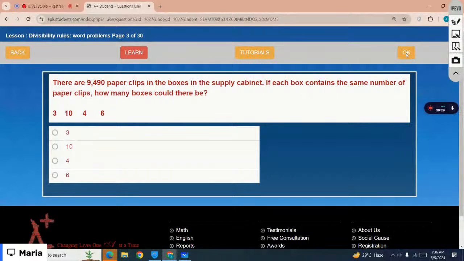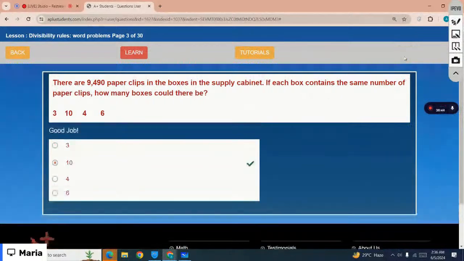The correct option is 10. It is option number 2. Very good.